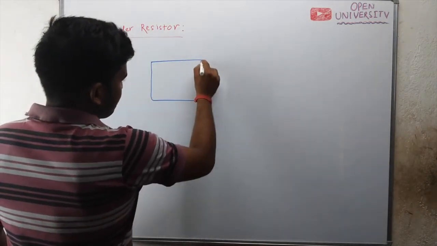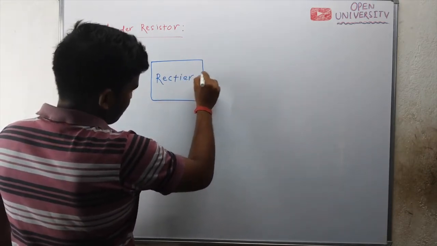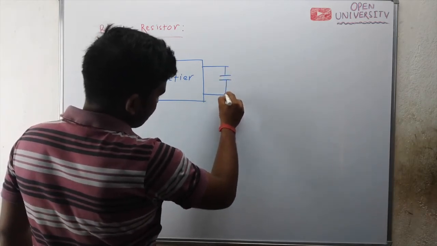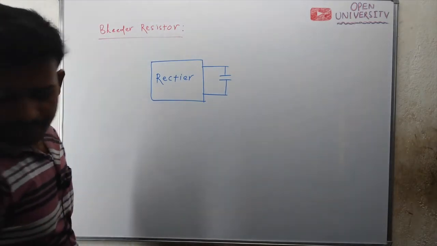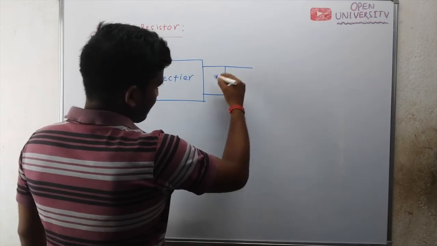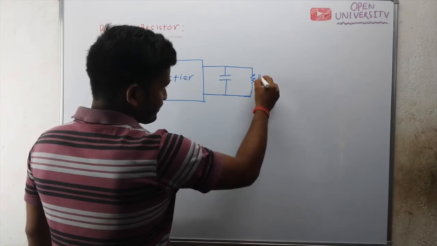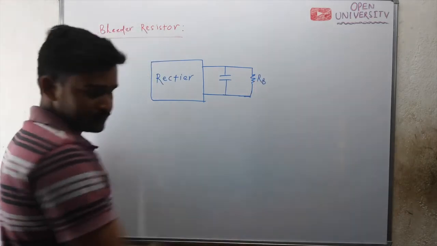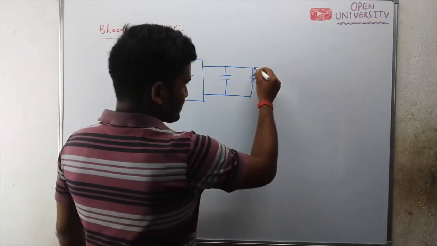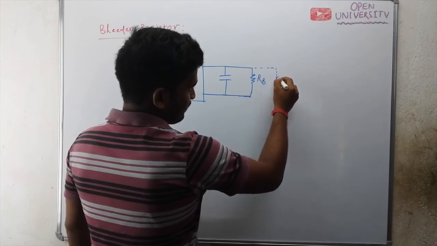See, this is your rectifier, and this is your capacitor. Rectifier with capacitor filter. In parallel to capacitor, there will be a very large value of resistor connected. That is nothing but bleeder resistor RB. Here RL is not present.